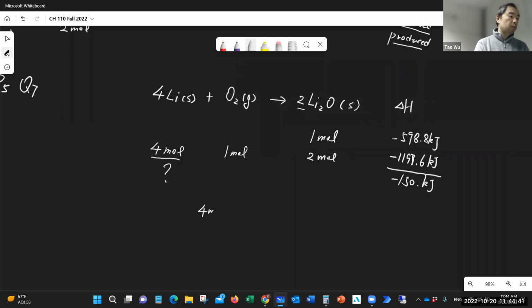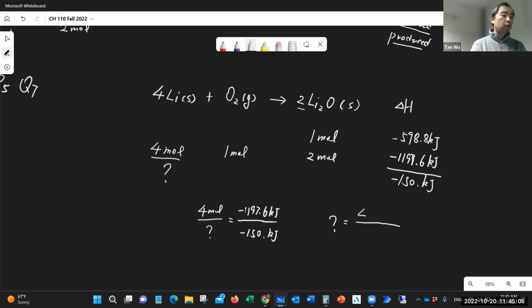So 4 moles divided by the question mark should be equal to negative 1197.6 kilojoules divided by negative 150 kilojoules. So the question mark will be equal to 4 times negative 150 kilojoules divided by negative 1197.6 kilojoules.